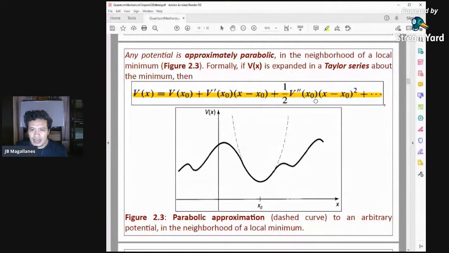x minus x of o, if the vibrations are very small, is also very small. So if you square this quantity, it will be much smaller. So we can neglect this.